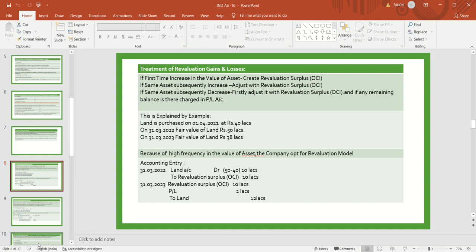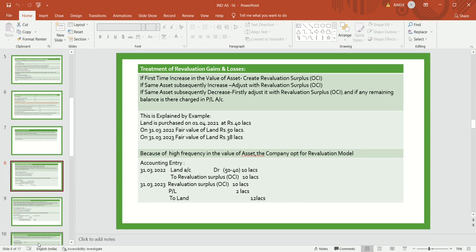So how will the company adjust? Firstly, the company has created a revaluation surplus of 10 lakhs. So that revaluation surplus is to be debited, because it will be reversed. The revaluation surplus which is created, to the extent of that amount, is to be reversed.